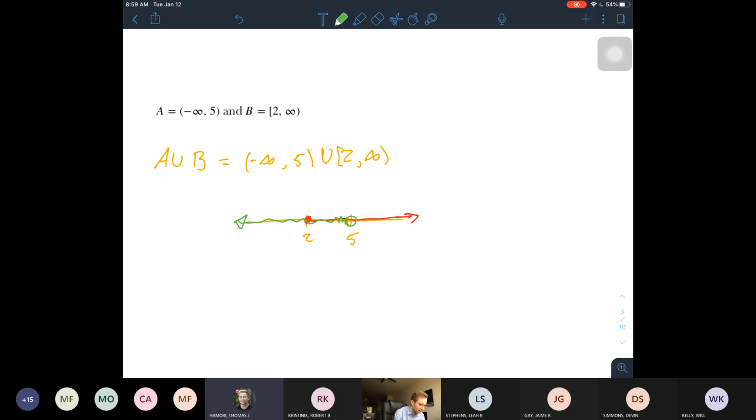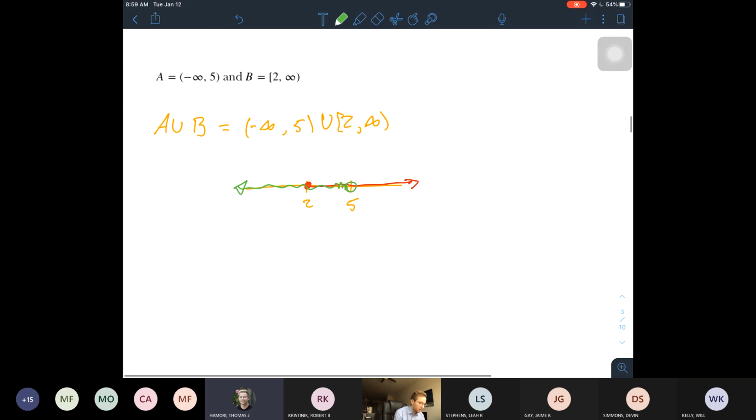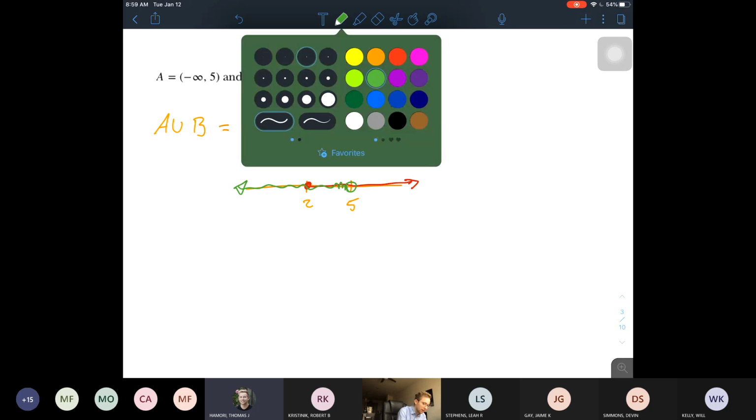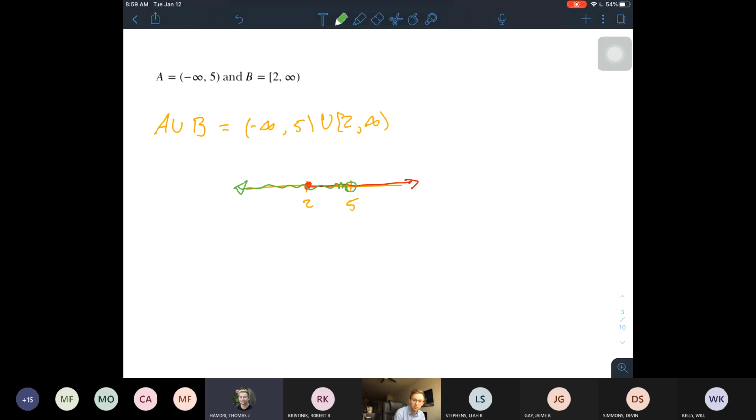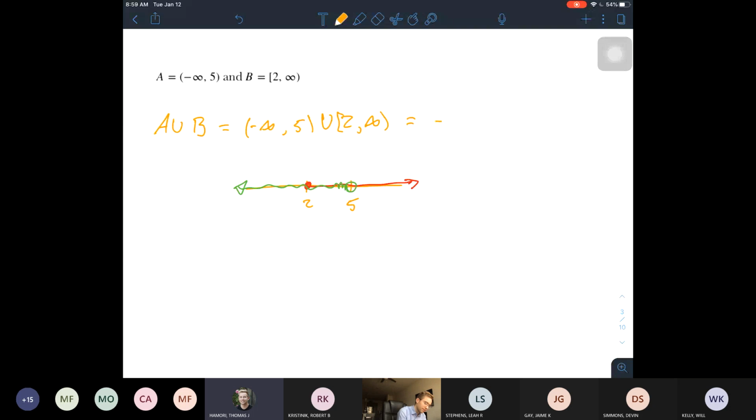And this is what these would look like. And if we took all of the elements which are in either of these 2 solid green or solid red parts, then we would get the entire real line. And the way we would write that is exactly how Shruti put it in the chat. It's going to be negative infinity, comma, infinity. I should have gone back to orange. And we'll use parentheses.